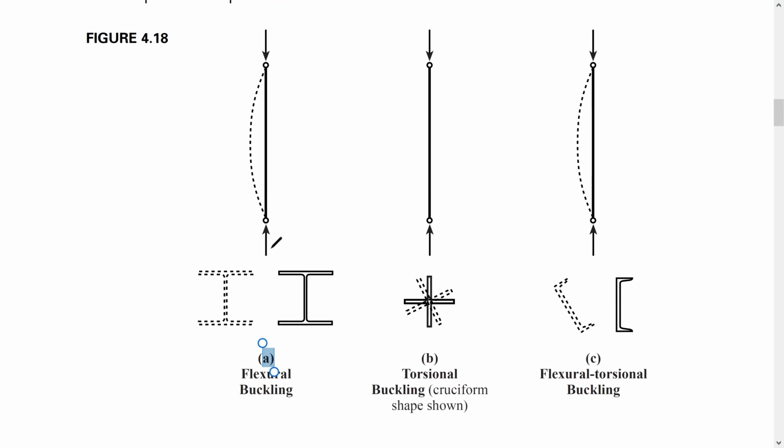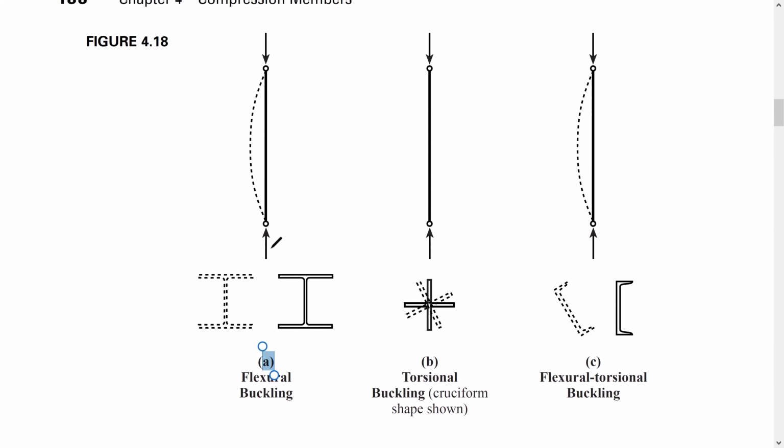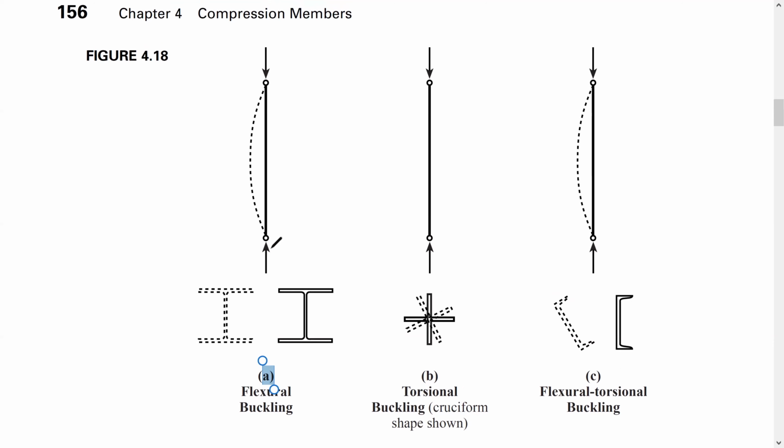So this is the torsional buckling. The same column loaded axially with a different cross section. The same column in length, but not in the cross section, because here the cross section is wide flange and here it is a cruciform, which means cross-shaped. This kind of cross section is symmetrical, okay?